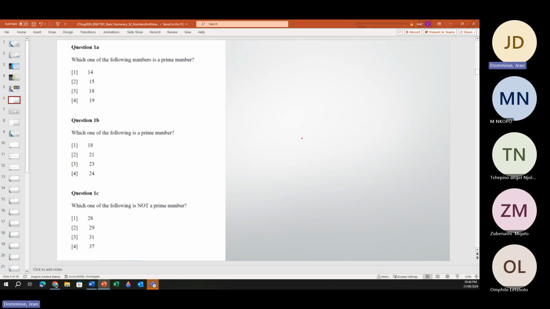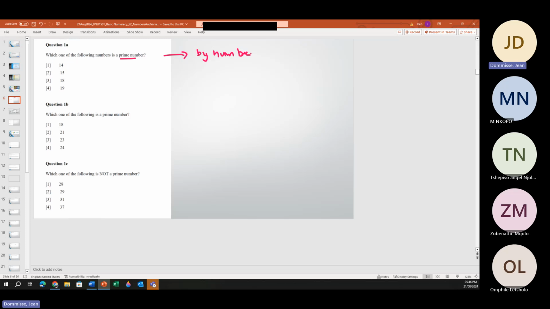They don't always talk a lot about prime numbers in the study guide, but a prime number is a number that can only be divided by itself and by 1. So a prime number can only be divided by the number itself and by 1.